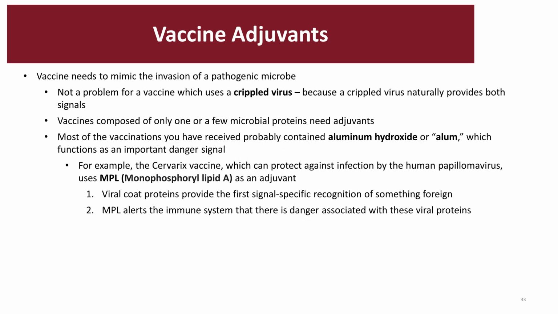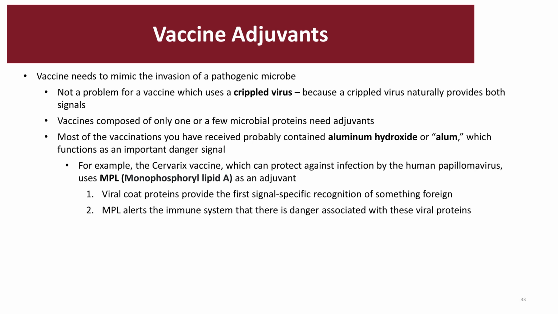Vaccines need to mimic the invasion of a pathogenic microbe, and the whole point is for the immune system to view the vaccine as both foreign and dangerous. It's not a problem when a vaccine is a crippled virus because it's still a virus, but vaccines composed of only one microbial protein will need an adjuvant. Adjuvant is oftentimes aluminum hydroxide, or alum, that is added in as an additional ingredient to help the immune system recognize it as foreign.